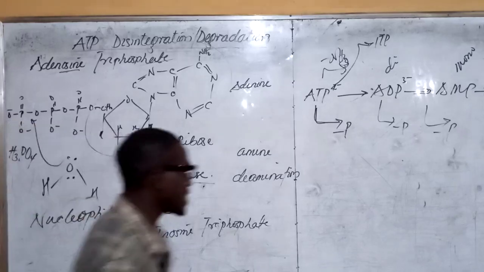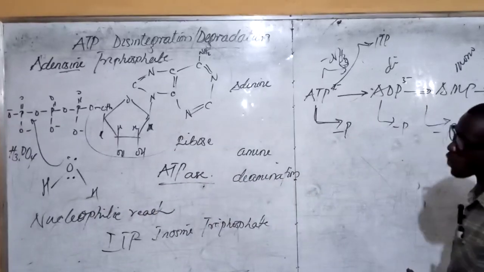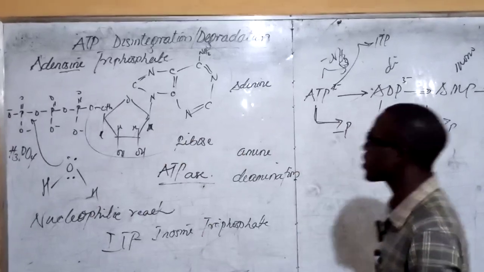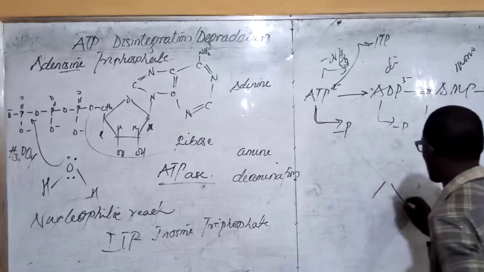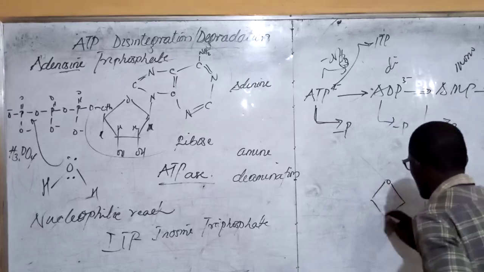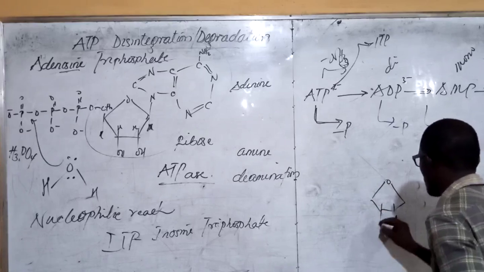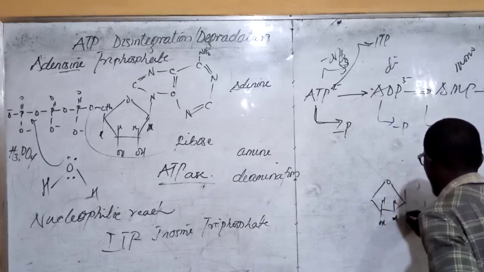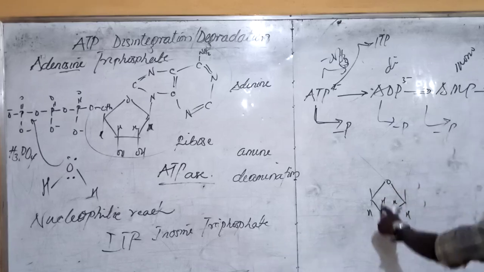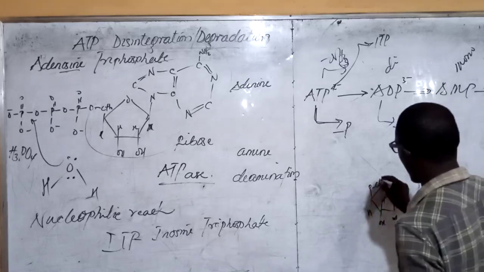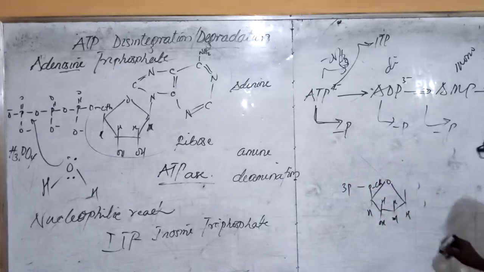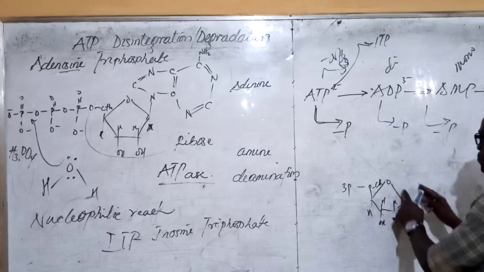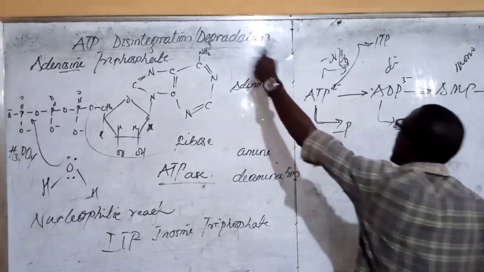So what is inosine? Inosine is basically the product of the deamination of adenosine. And we have this structure. We still have our ribose sugar. Now, because of triphosphate, let's assume the 3-phosphate group is still here. What you will now see, the essential difference, is in this adenine molecule.